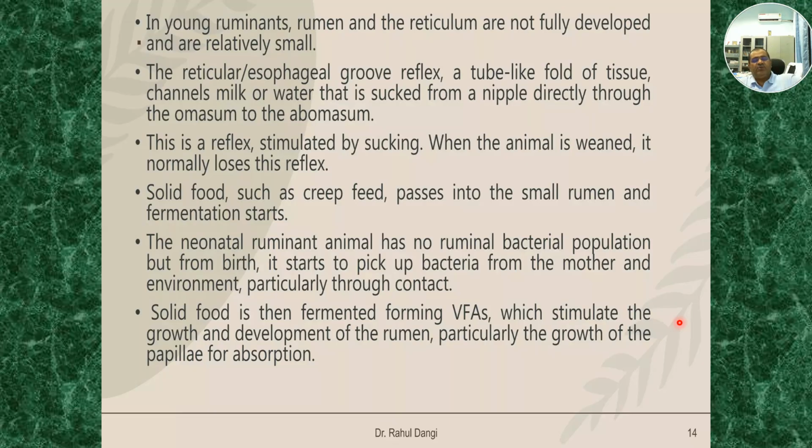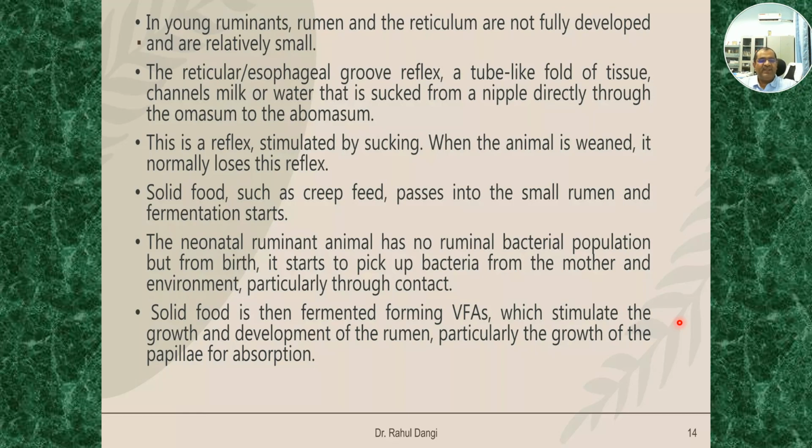So this is a wonderful process in which the milk does not go to the rumen and get digested, as the calf does not have a well developed rumen. This is a reflex mechanism. Whenever the calf starts suckling, immediately the ruminoreticular groove closes, and the milk goes directly to the abomasum.